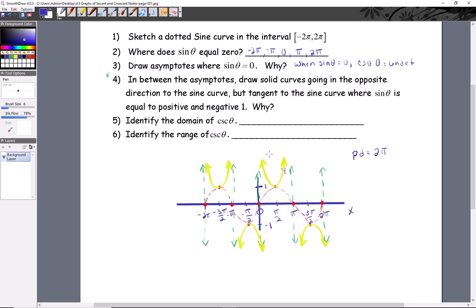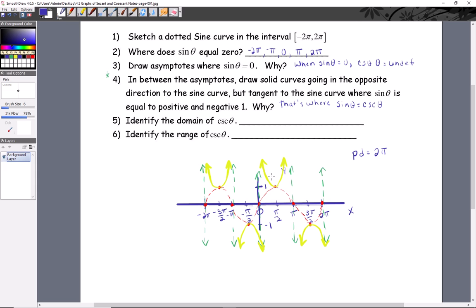So it's going to be tangent at this point because that's where sine theta equals cosecant theta. Because when sine theta equals 1, you just flip that over to cosecant and it's still 1. And when sine theta equals negative 1, if you get the reciprocal of that, it's also negative 1.